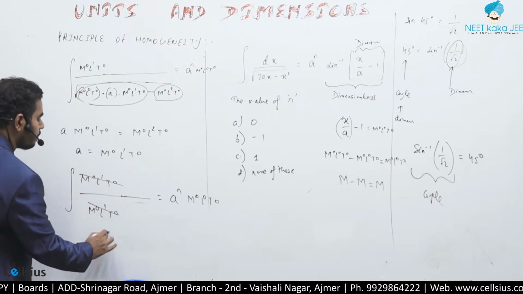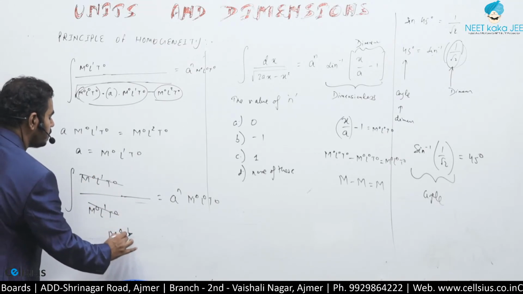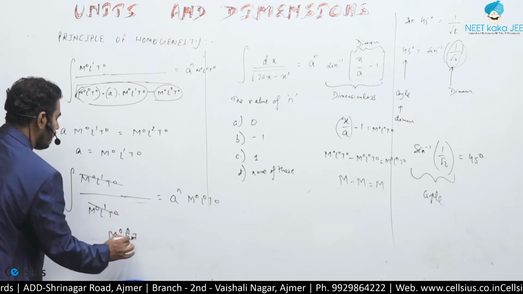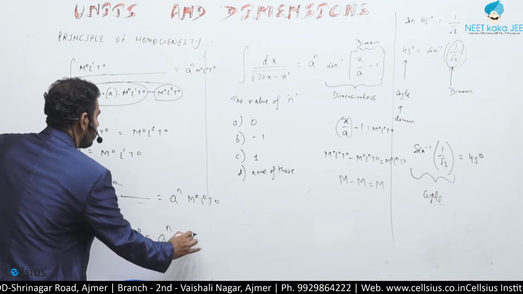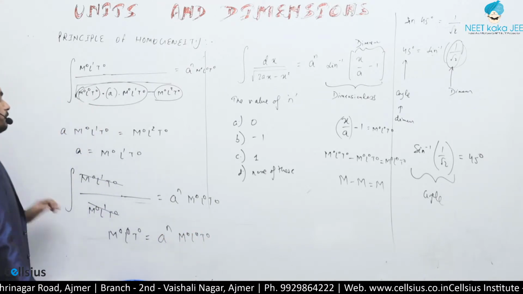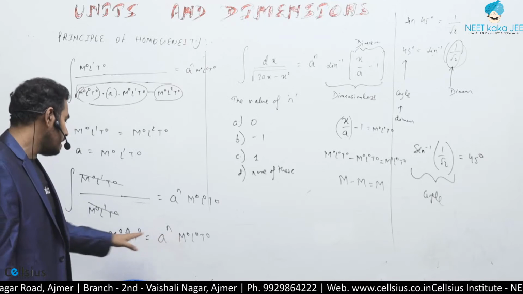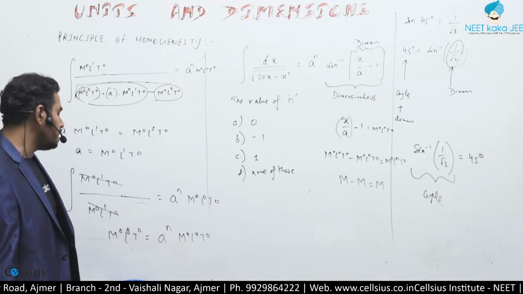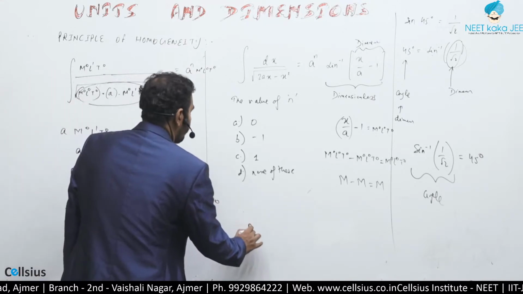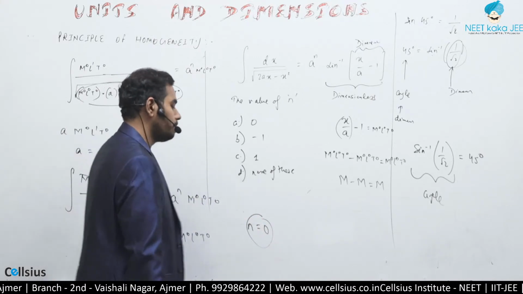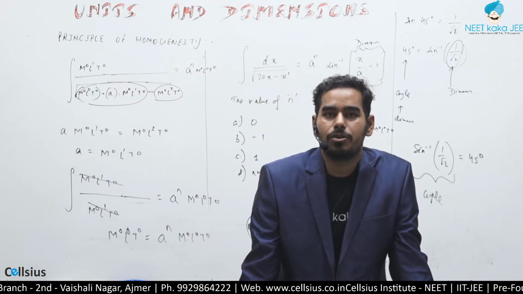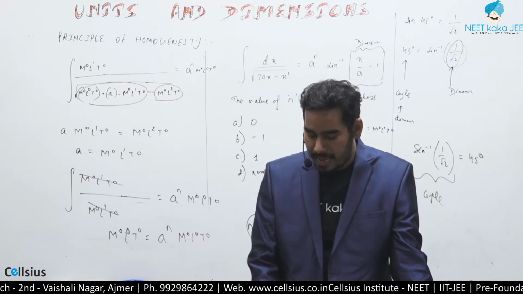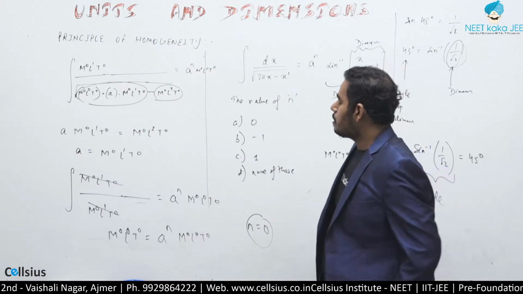So on this side of equal to, what we are left is M⁰L⁰T⁰ and it is a to the power n into M⁰L⁰T⁰. So therefore a to the power n is equal to M⁰L⁰T⁰, and therefore value of n is equal to 0. Okay, so this is how we solve this question.